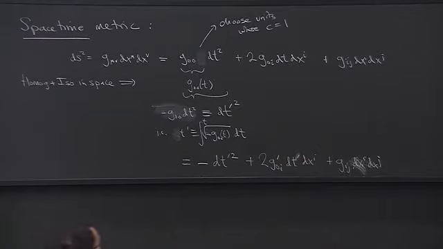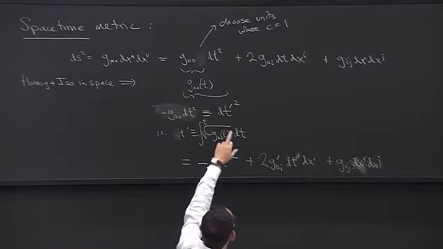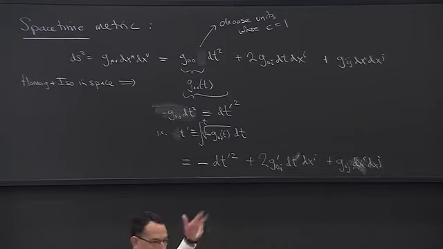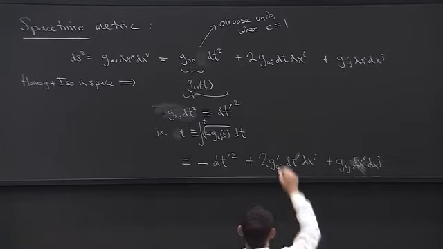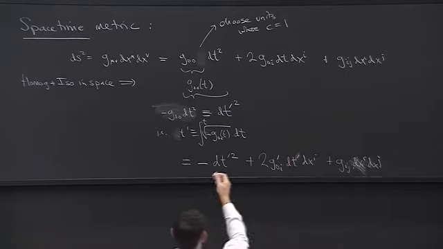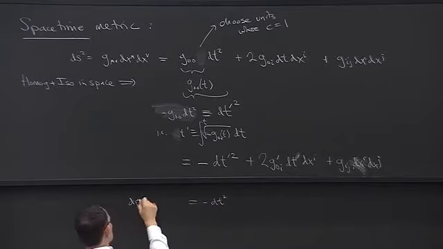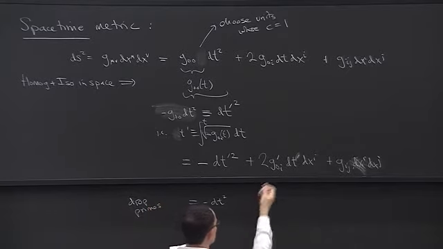So you're right. When I change from dt to dt prime, I pick up some factor there, but that's just g0i in the new coordinate system. So we haven't lost anything. Okay, and now I'm just going to drop the primes. And this is my new time.